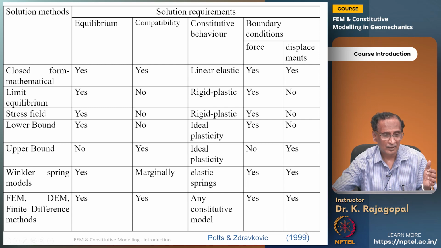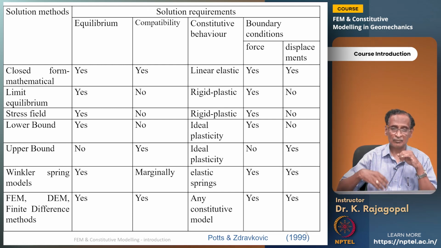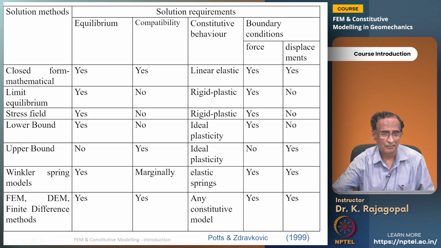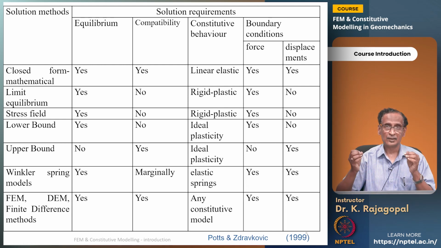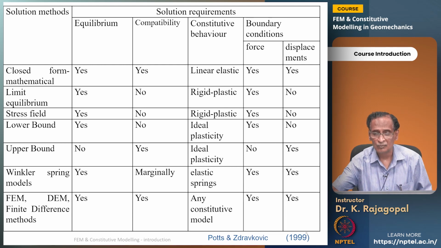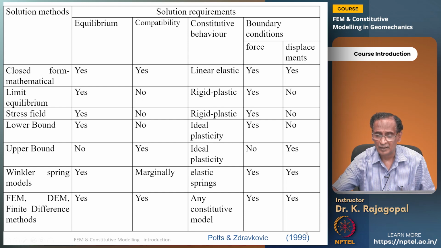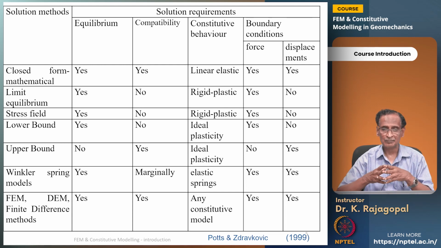And then we have the limit equilibrium methods, like the simple slip circle methods. See, these assume the rigid plastic type constitutive model, and we will not be able to satisfy most of our compatibility equations. Because of that, we will not get any deformations. We cannot predict our deformations. And then there are other methods like the stress field method.